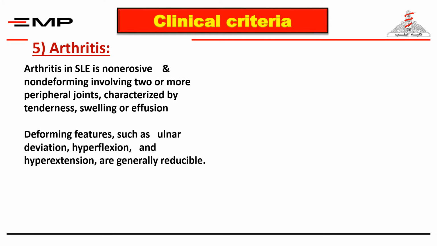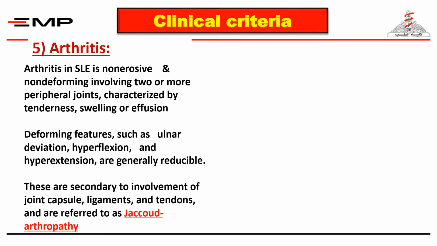Deforming features such as ulnar deviation, hyperflexion, or hyperextension are generally reducible. They are not fixed deformities like those in rheumatoid arthritis; it is different.